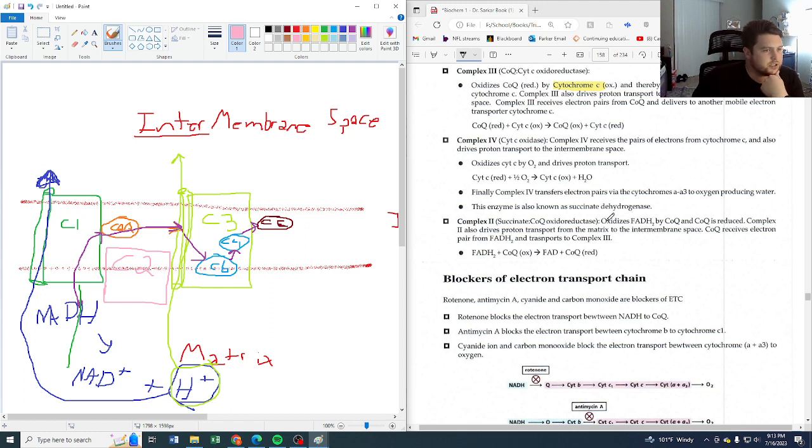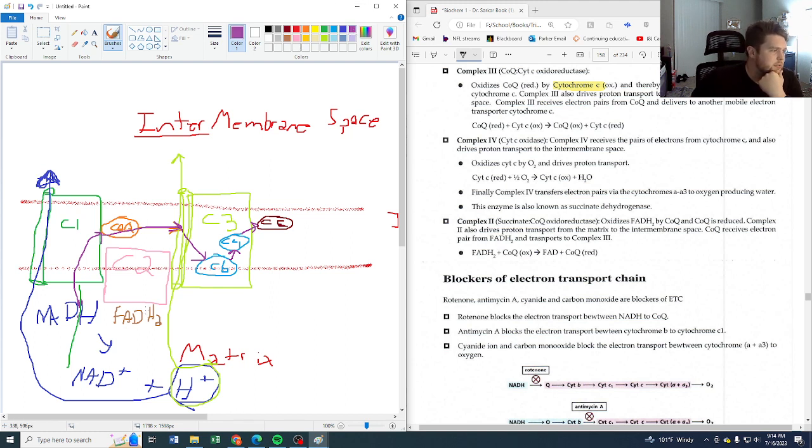So complex 2's job, FADH2, its job is to oxidize the FADH2 to also bring electrons up.